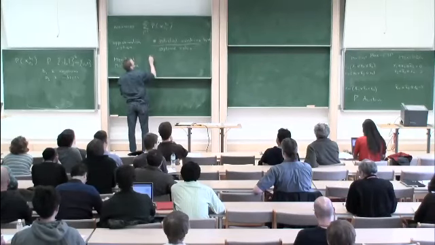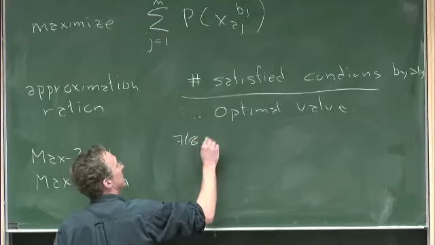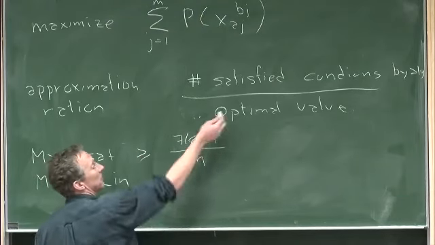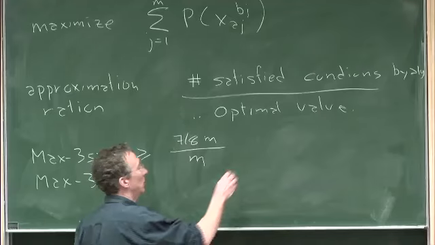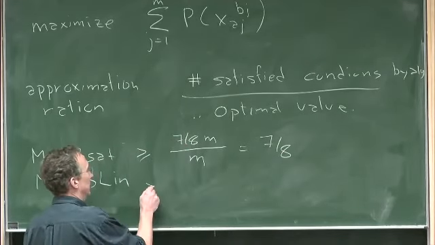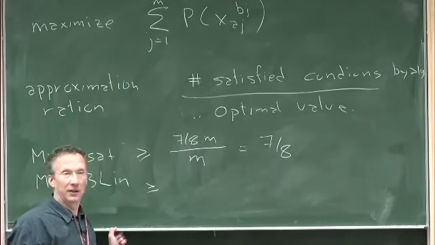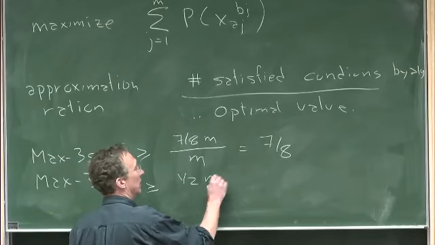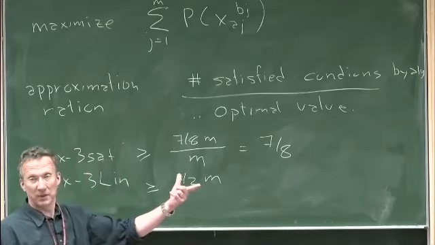This means you'll satisfy on the average 7/8 of m, and the optimum is at most m because you can't satisfy more. So this is 7/8. And for linear equations, a random assignment will satisfy each equation with probability 1/2.